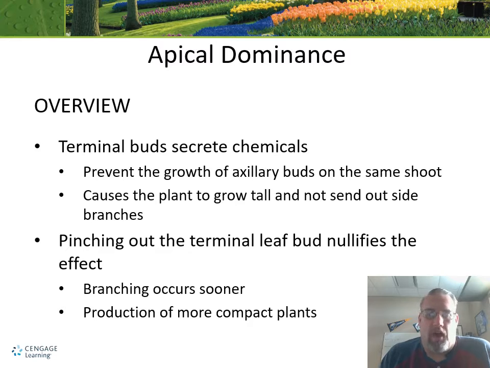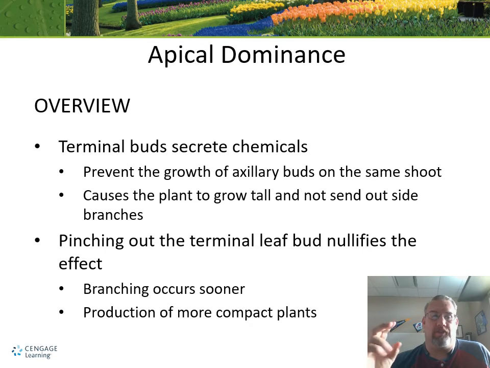Something to understand when we talk about growth hormones is the concept of apical dominance. Apical dominance is if you have an untrimmed branch, it will always grow from the very end and will put all of its energy into growing longer and longer. When you trim the end of the branch, it breaks that apical dominance and allows the rest of the branch to grow.